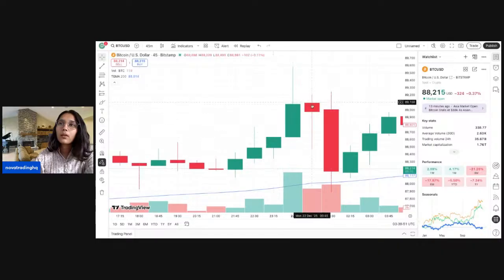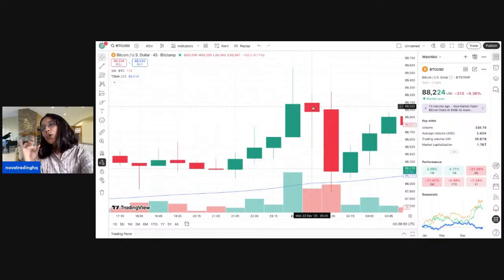Now, the second candle, what is the second candle representing? As you can see, the second candle is a red candle. Although it's not a big body, it's a kind of small body, but again, it's a red candle. Whenever you see the red candle, you clearly understand what happened here.